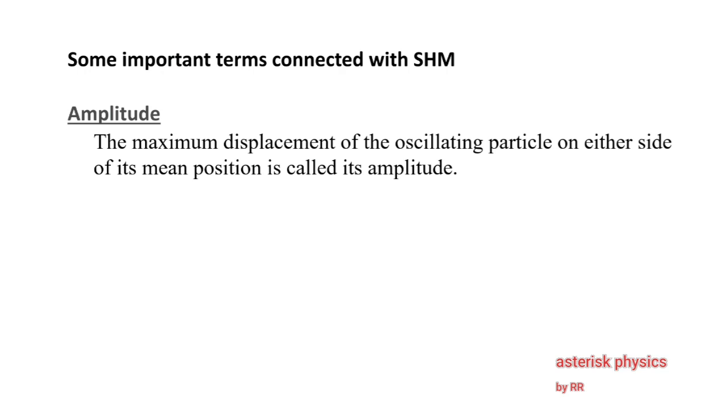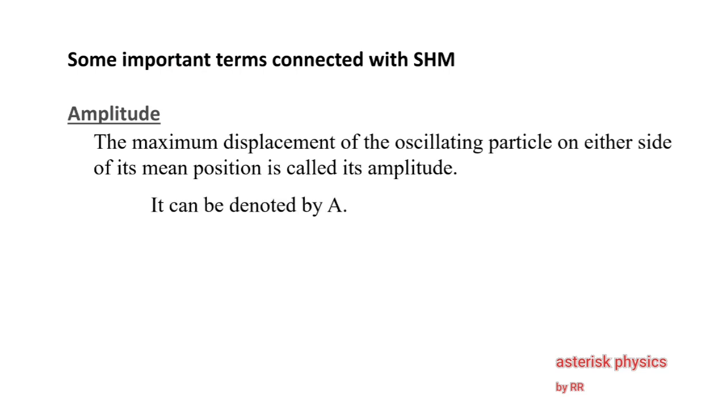We have seen in simple harmonic motion, the particle executes to and fro motion about its mean position. That is, the particle goes to two extremes on either side of the mean position. So what is the distance between the mean position and one of the extreme positions? That maximum displacement of an oscillating particle is called its amplitude.